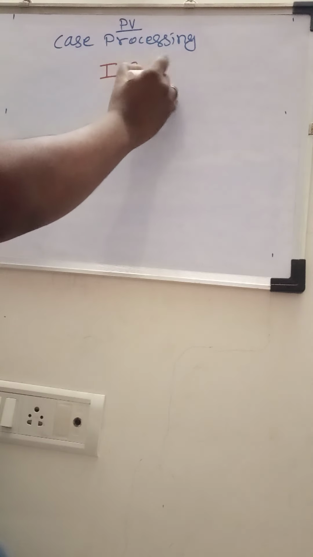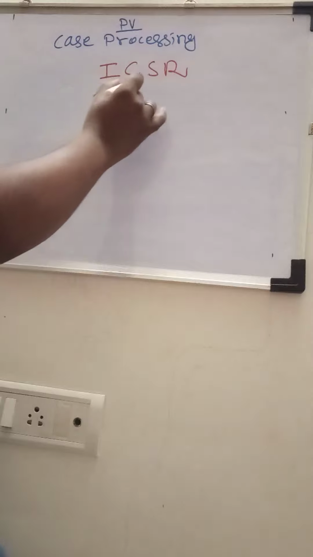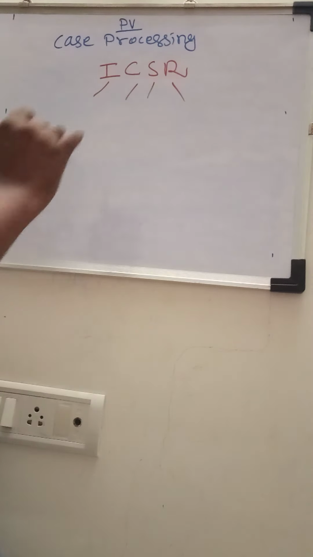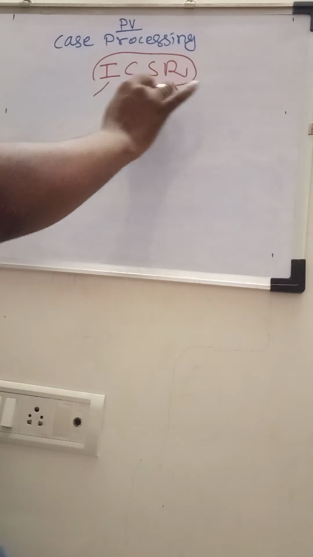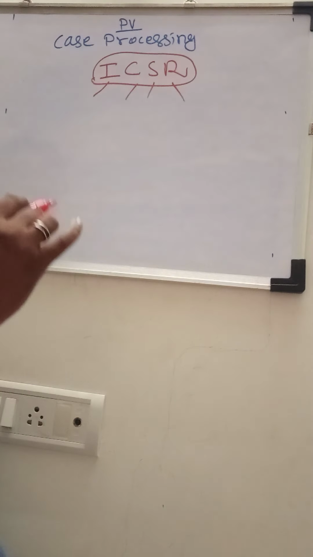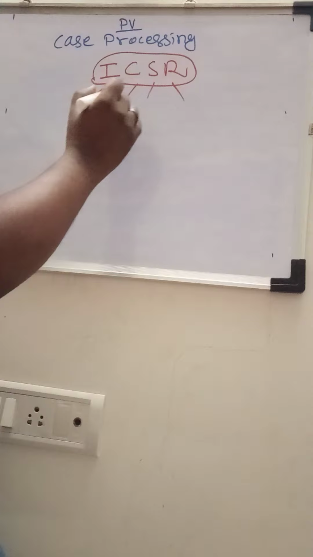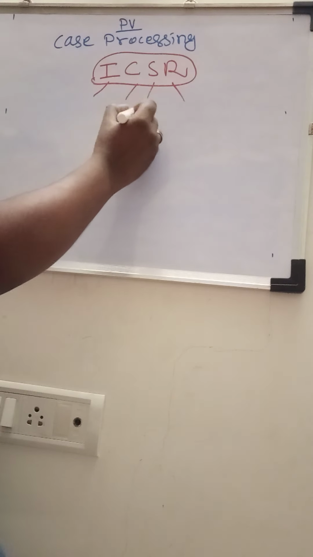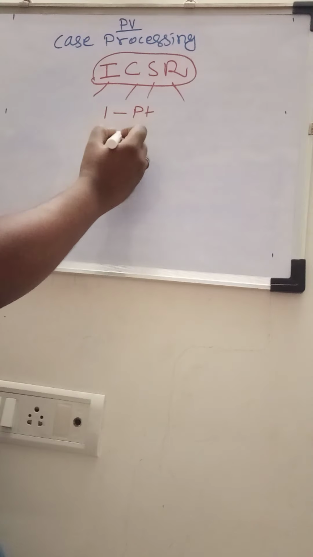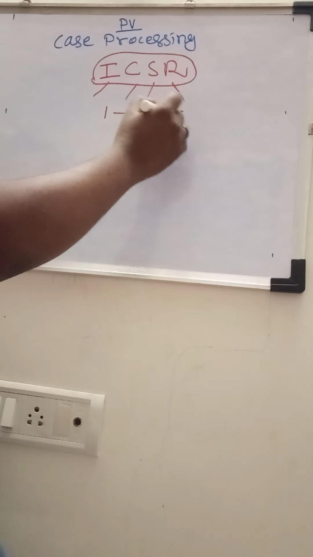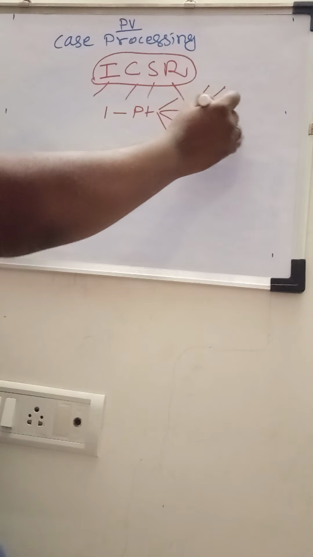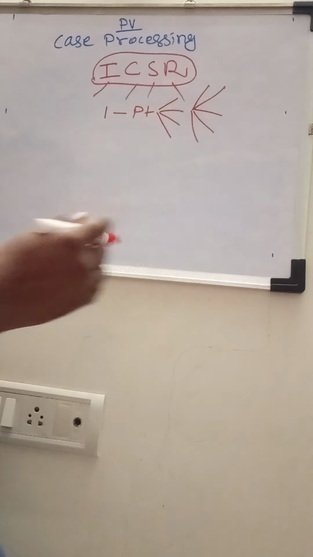ICSR, individual case safety reporting. In this concept, first we'd like to understand individual case safety reporting. Here only one patient is involved. This particular patient might have multiple events, and might have taken multiple drugs.